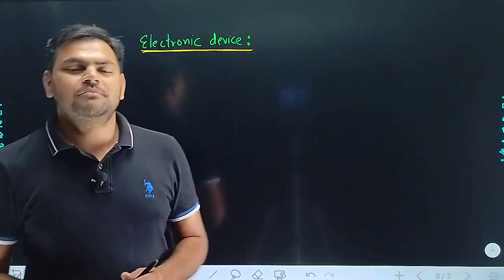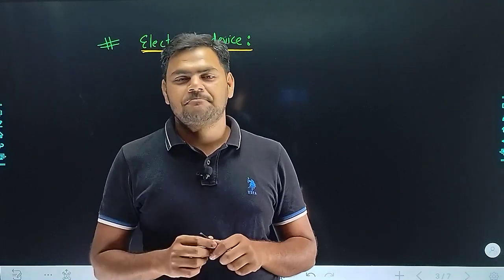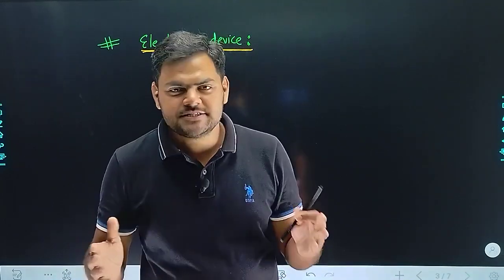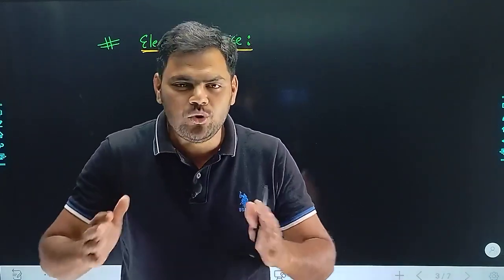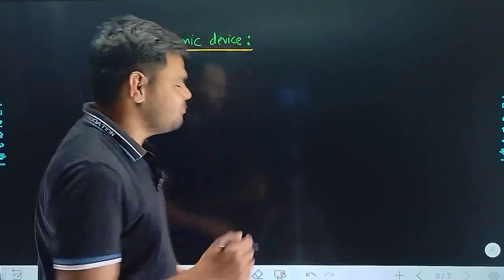A device made from semiconductor material is called electronic device, which means a device which has controlled flow of electron is called electronic device. So what we will write?